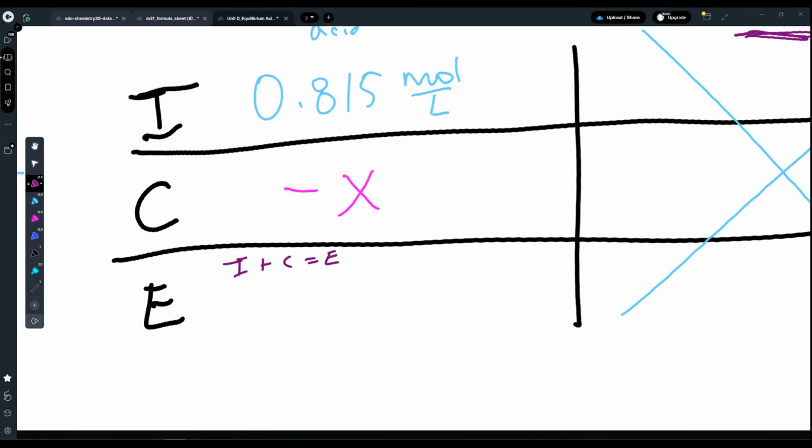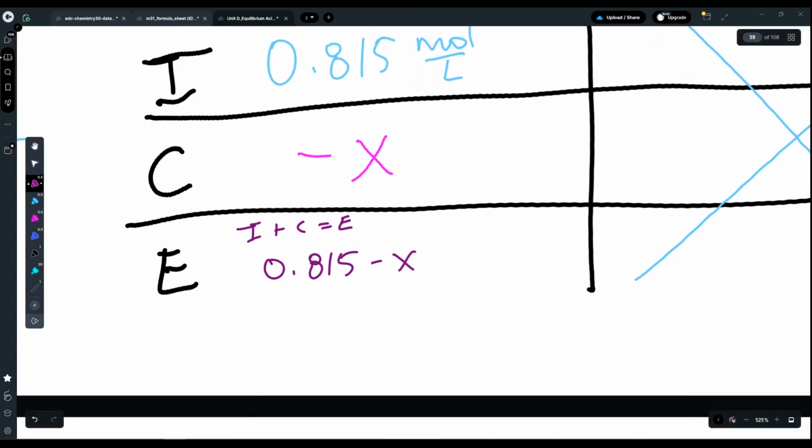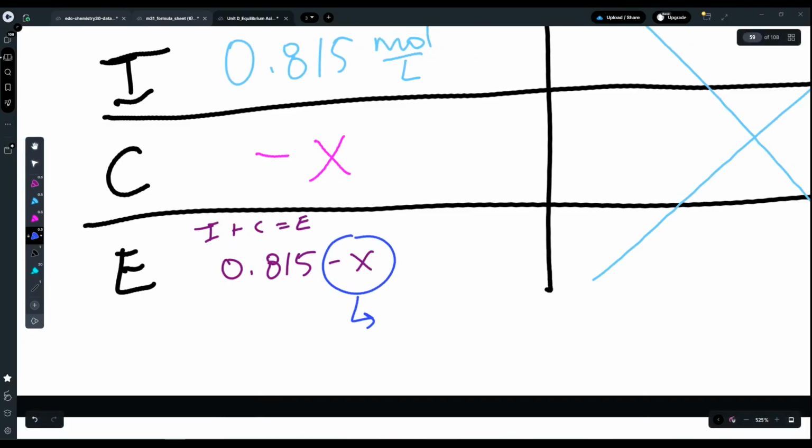So I'm going 0.815 minus X. However, since we are figuring out the pH of a weak acid, we are going to ignore this minus X, because this number is going to be so small, it's really not going to change this 0.815 number.